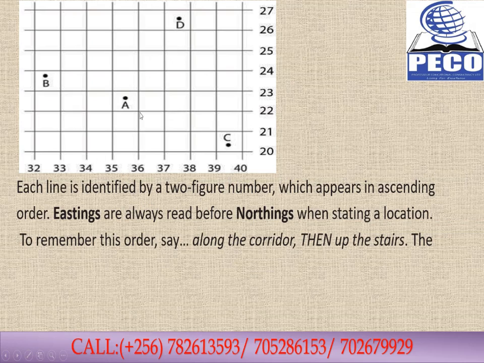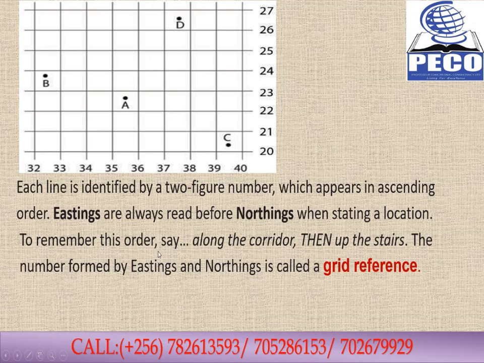In case we want, for example, to locate point A, we read the value of the vertical line before that feature, and then we read the value of the horizontal line below that feature. So it is along the corridor and then upstairs. That is something that will help you to remember that you're reading off eastings first and then northings.